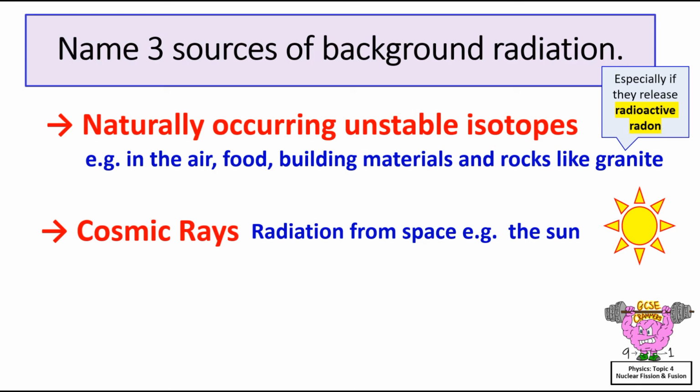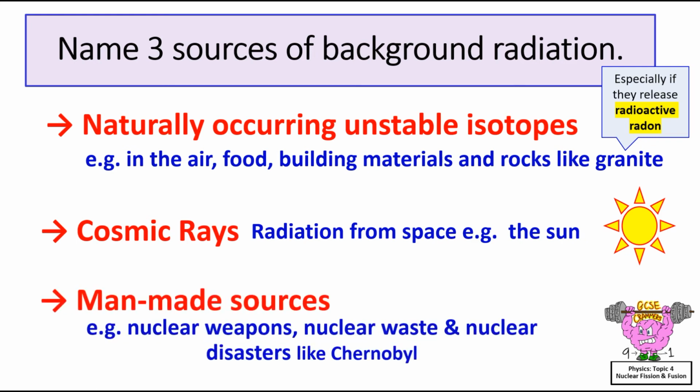Luckily, the Earth's atmosphere absorbs a lot of the radiation from cosmic rays, but if you live at high altitudes, you'll be exposed a lot more. Man-made sources, for example nuclear weapons, nuclear waste and nuclear disasters like Chernobyl. You are likely to get exposed to a lot more radiation if you work in the nuclear industry.